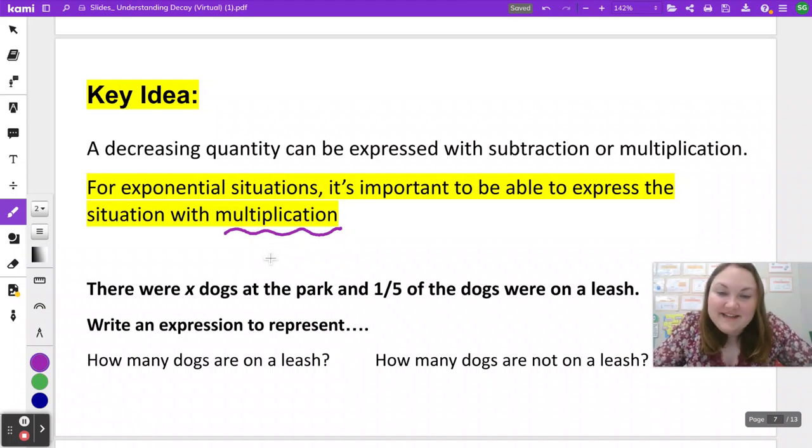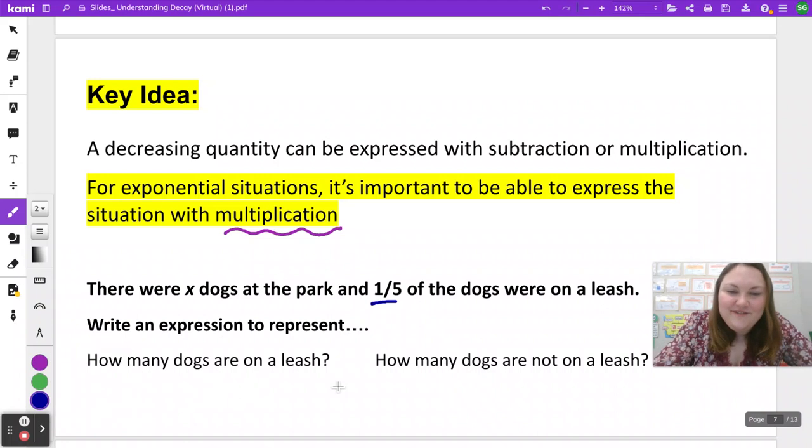So to summarize this, using a variable this time, if I told you there were X dogs at the park and 1/5 of the dogs were on a leash, there's two things we can represent. We could represent how many of the dogs are on the leash and how many dogs are not on the leash using those two fractions.